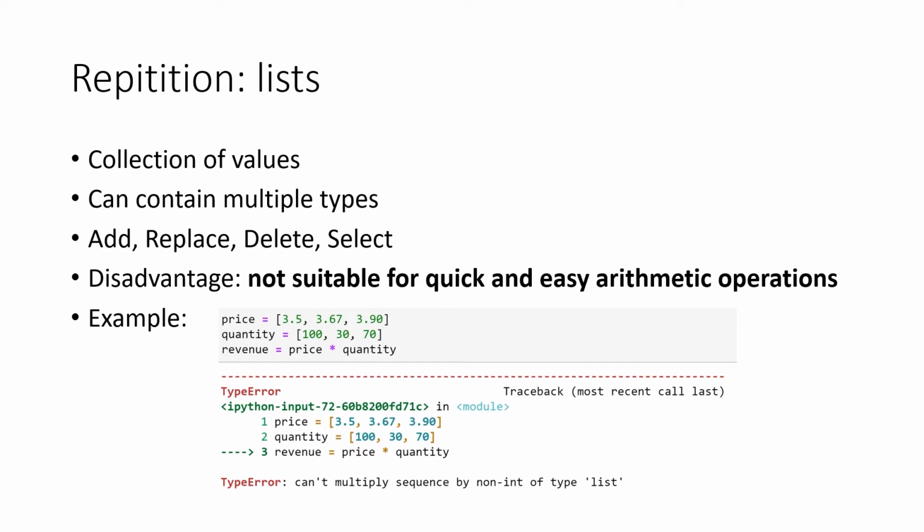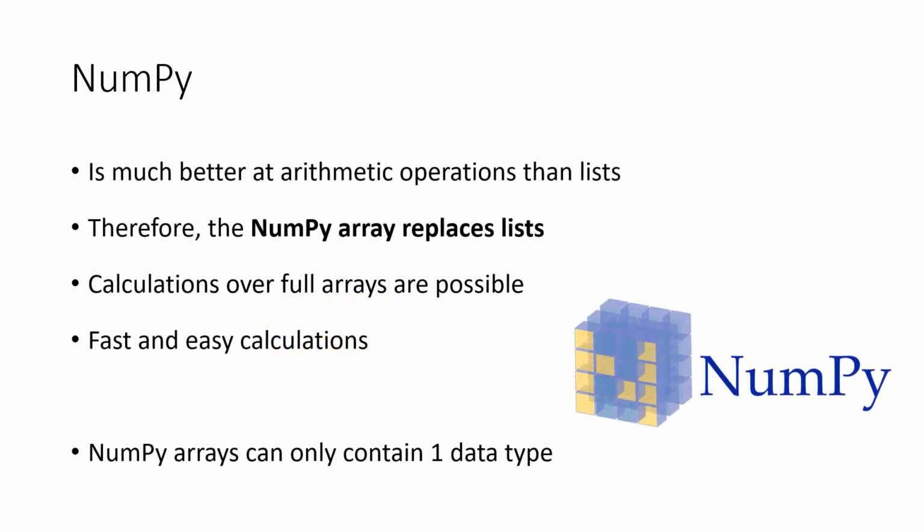For example, here I would like to actually multiply each individual element with the representative element of a different list. If I try to do this, so I multiply price by quantity, I will get an error message. Why? Because we cannot use those operators on lists. But we can do this on Numpy, and that is why Numpy is so important for us.